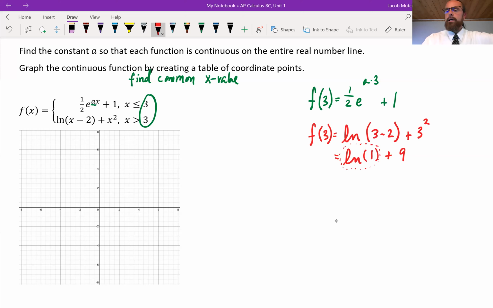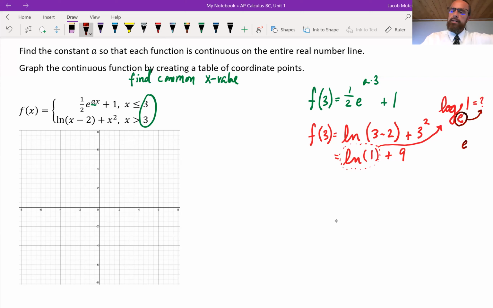So recall, natural log is equivalent to log base e of 1. I'm going to take this to the side because we have to do some work on that particular term. And it equals some number. I'm not quite sure what it is, but it equals some number. So remember, the way that we simplify a natural logarithm is we start at the base, e, to the power of that far side of the equal sign.